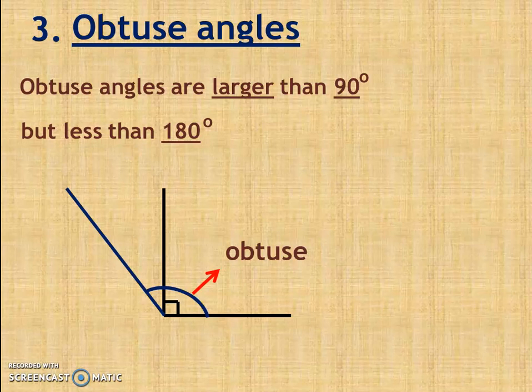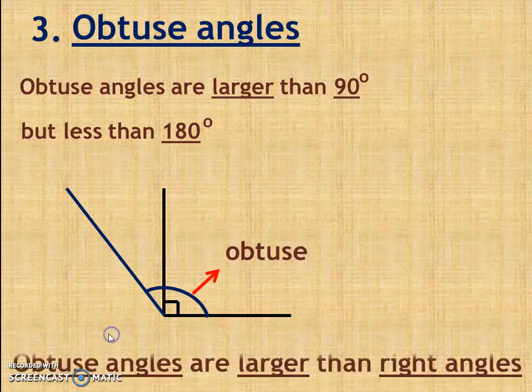If the angle is exactly 180 degrees, it's not called an obtuse angle. There's another name for that angle. So remember, an obtuse angle is larger than 90 but less than 180 degrees. So we can say obtuse angles are larger than right angles.